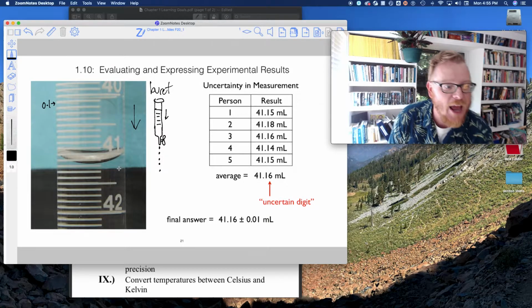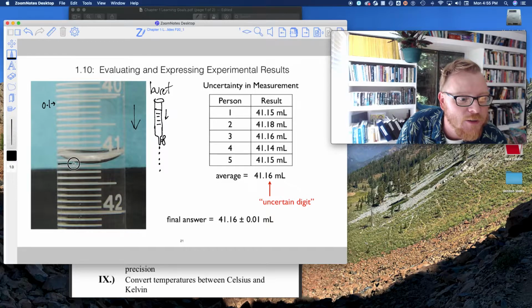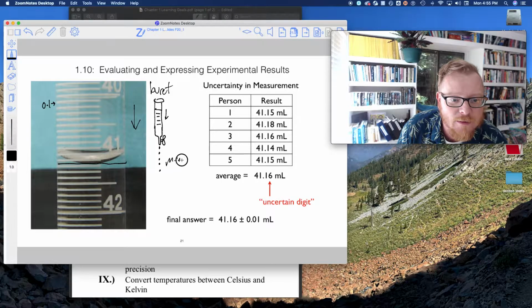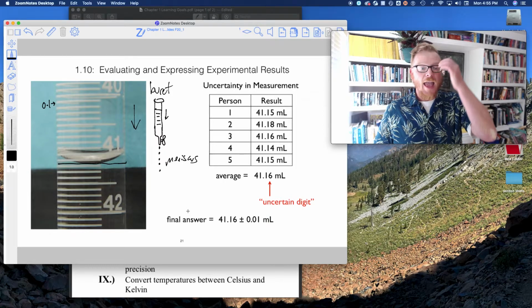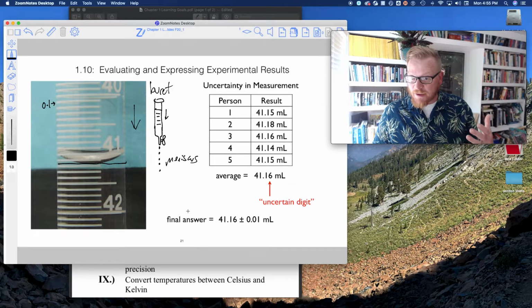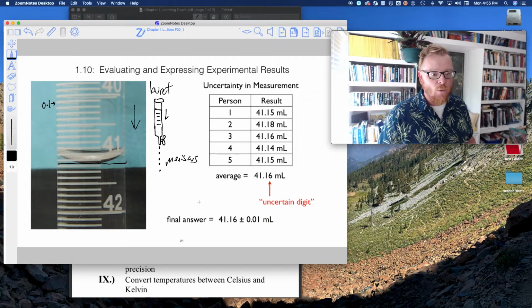Okay? Now this little line right here, I'm going to draw my best possible attempt. That's what we call the meniscus. And that's what we have to estimate. We have to estimate where that is. The first thing that we do is write down all of the digits that we're certain of.